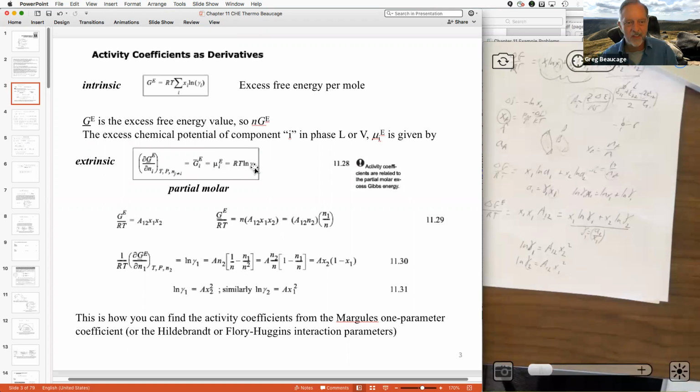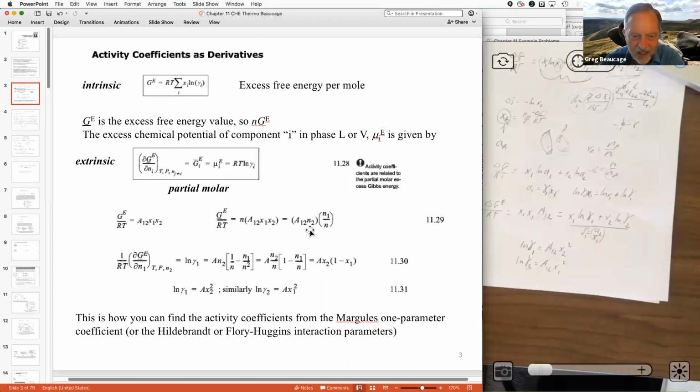So once you have that, then you can do this derivative with this expression. If you do that, you find that the molar Gibbs free energy is A12 times x1 x2. You need to multiply by n. And if you do this derivative, you're going to get two terms. One term would be the derivative of the first times the second. You can re-express x1 as n1 over n, x2 as n2 over n.